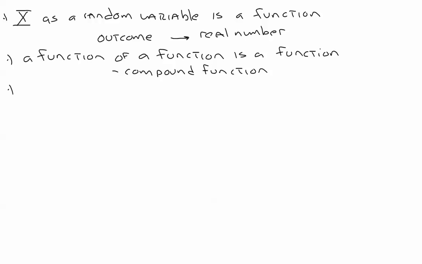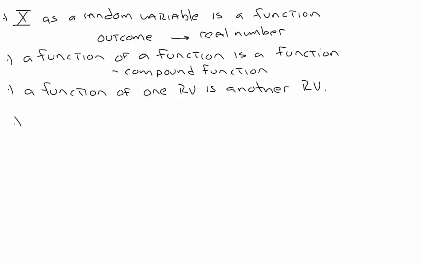If a random variable is a function that assigns outcomes of a chance experiment to a real number, if random variable x is a function, and a function of a function is a function, then a function of a random variable is another random variable.